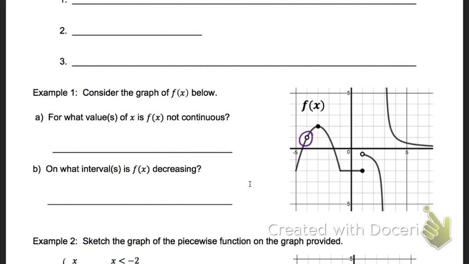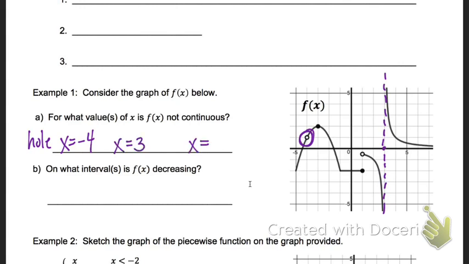So -4, what's going on here? There's a hole at x equals -4. And what was the other one that you guys said? X equals 3. What's going on there? It's actually an asymptote. Whenever they're shooting directly opposite of each other, like one's going all the way up and one's going all the way down, that's where an asymptote is.